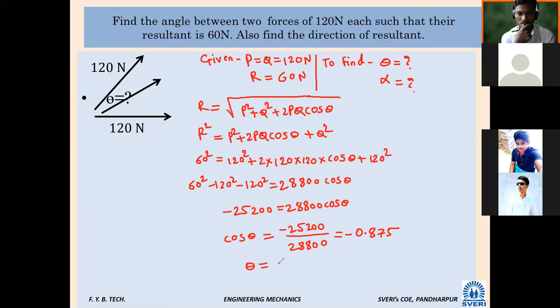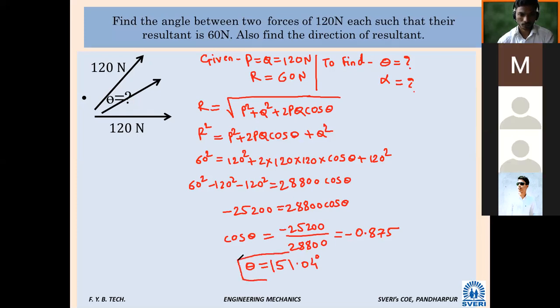Cos theta value is negative, so minus 0.875. Theta is 151.04 degrees. Correct. Very good. This is the value of theta.